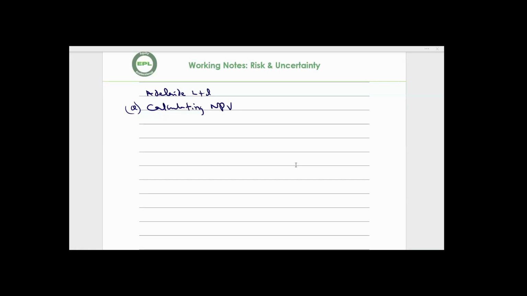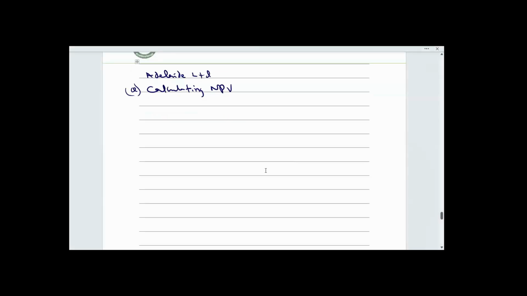So in this case, I need to first of all calculate expected revenue, then expected running costs. And you know that expected value is calculated by multiplying probability with the cash flow.